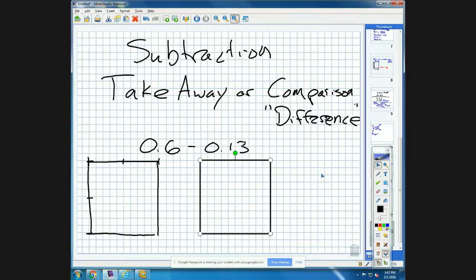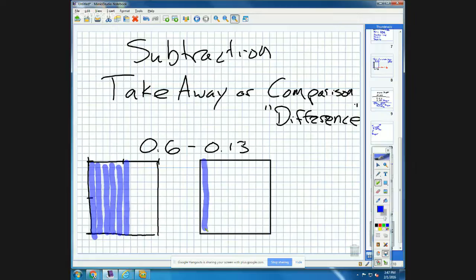So then I can draw in 1, 2, 3, 4, 5, 6 tenths, 1/10, right, reading place value, and 1, 2, 3 hundredths. And so either I could go for the takeaway here, or I could go for the comparison. Since I drew both pictures, I set myself up to do the comparison.